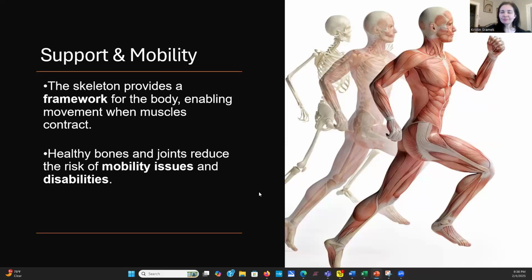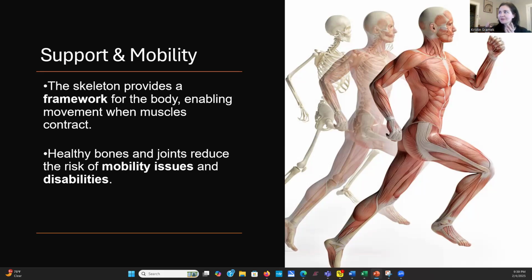So moving on, the bones also provide support for mobility. They're the general framework of the body. Because the muscles are attached to the bones with tendons, whenever the brain sends signals from the motor cortex down through the spinal cord and out to all of the muscles via the somatic nervous system, the body is able to move.